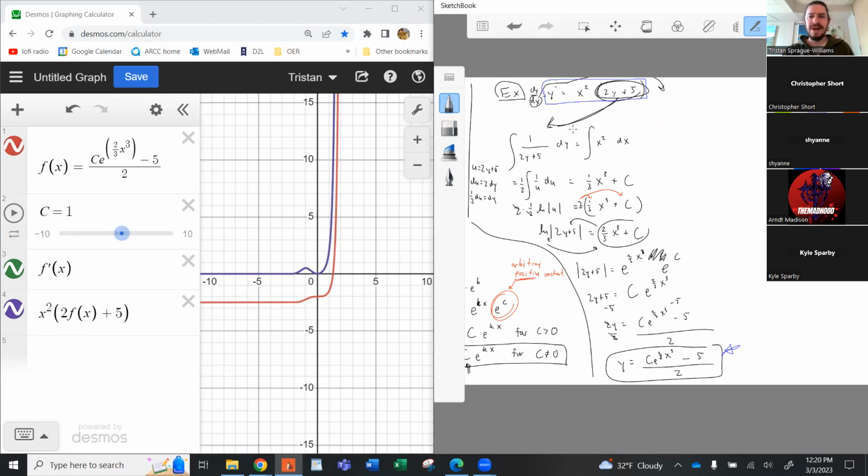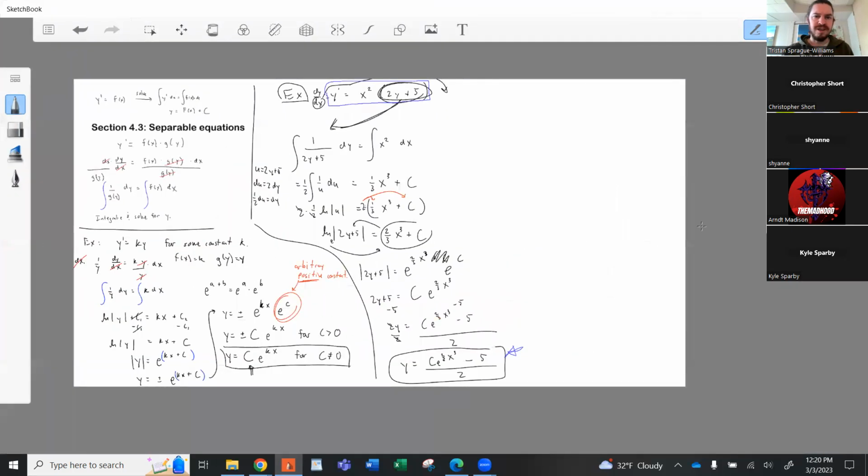We found the general antiderivative here when we were differentiating. We were finding general antiderivatives, and that represents all of the possible antiderivatives. So this process captures the full solution, okay? The full range of possibilities. All right, so that's how you can use Desmos to check your answer.